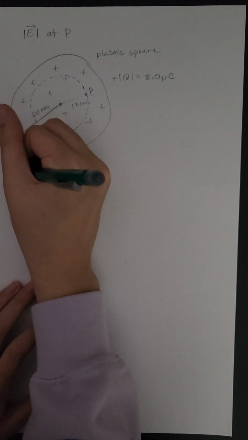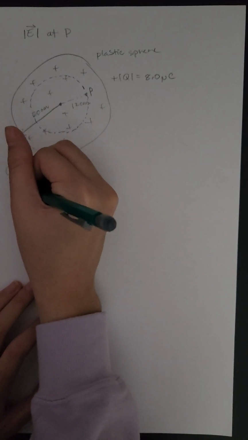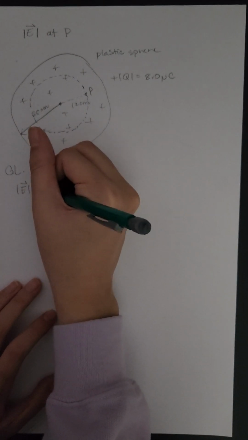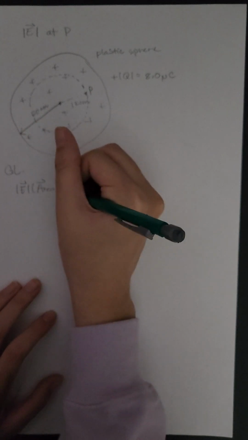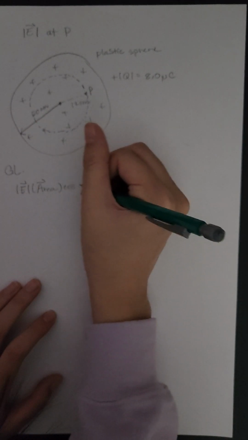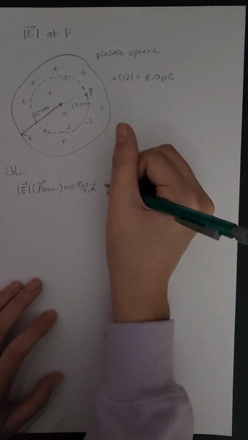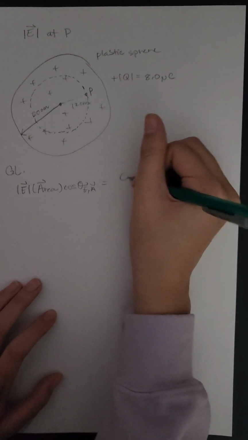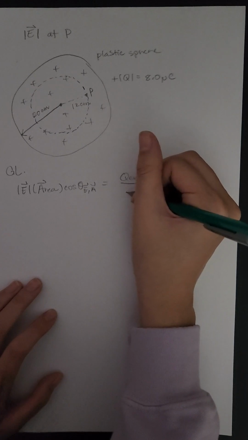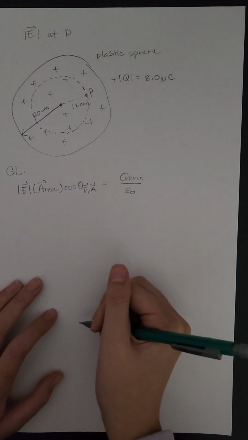And we can write out Gauss's law, which is the magnitude of E times the area vector times cosine theta, the angle between the electric field vector and the area vector, equals Q enclosed over epsilon 0.